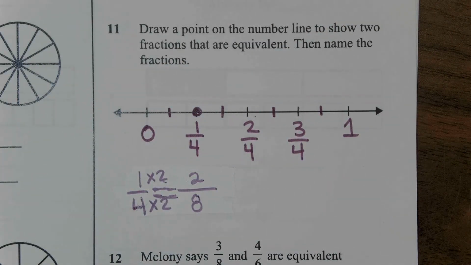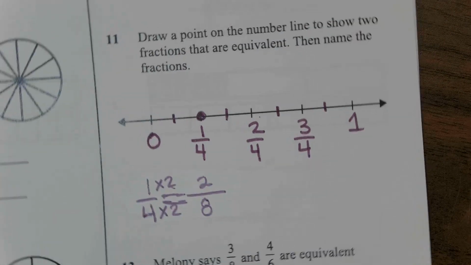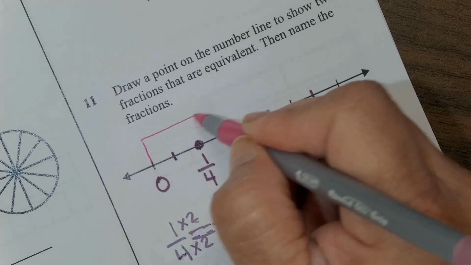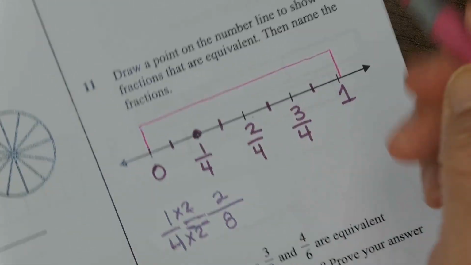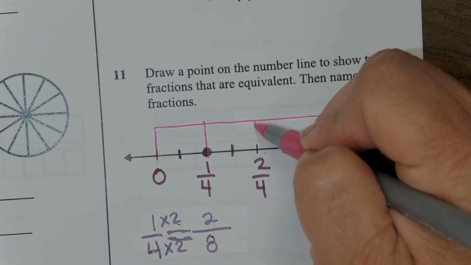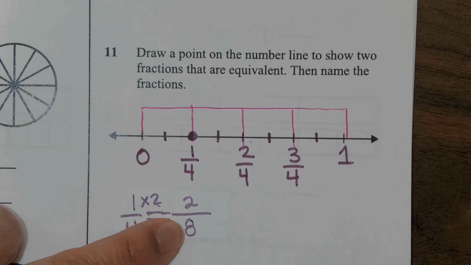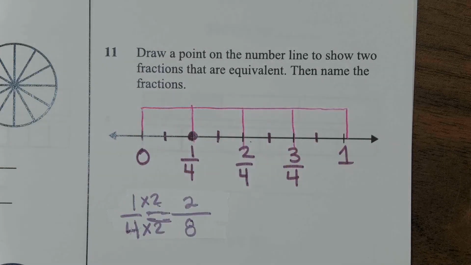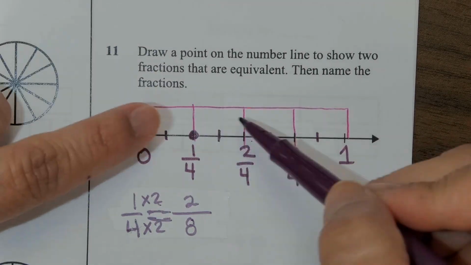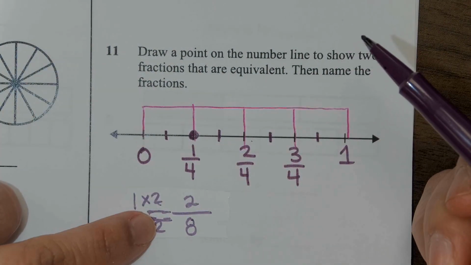Okay. Another thing you can do is draw this as a fraction bar. And here's your 1/4, 2/4, 3/4. And then since we're multiplying by 2 again, we said our denominator is 8. So I'm going to break this fraction bar into eighths. So each section is going to break up into 2.